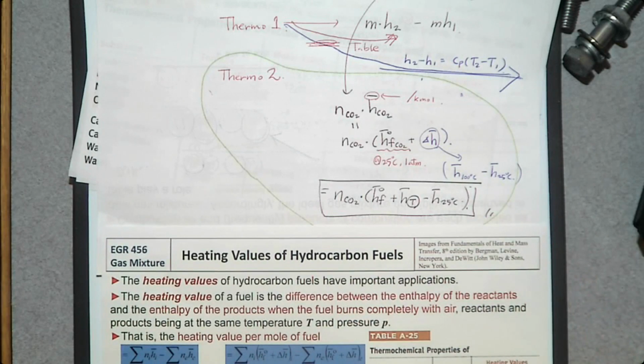If you have gasoline, about this much, when you burn it completely, what does this gasoline consist of? Iron? Aluminum? No, it's carbon and hydrogen. So if you burn it, you will create carbon dioxide, carbon monoxide, water, right? So if you burn, let's say, 1 kilogram of gasoline, how much heat can you generate? That heat is the heating value.